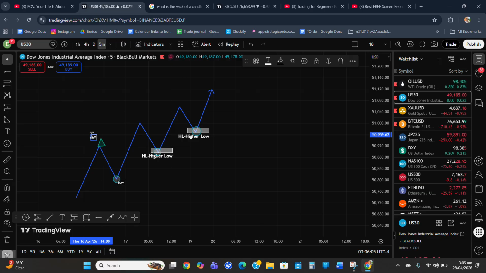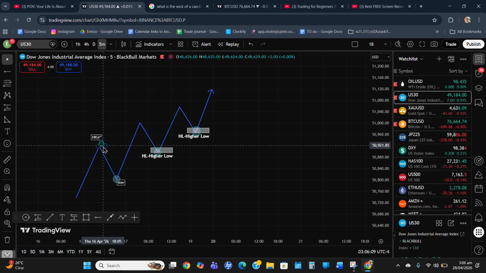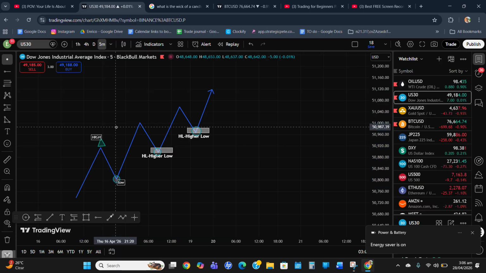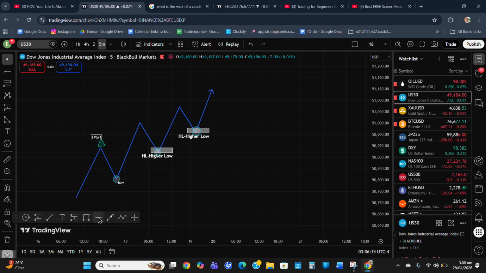This is our first high in the market. Laptop is dying. I also wanted to duplicate this, but it's not possible. Okay, just leave it. So this is our first high in the market.